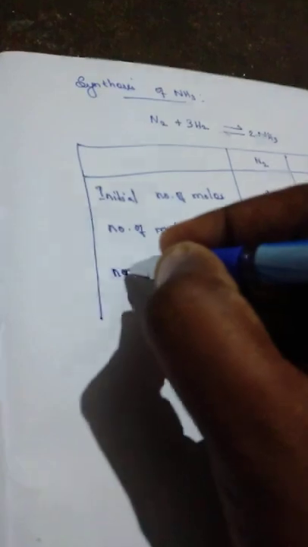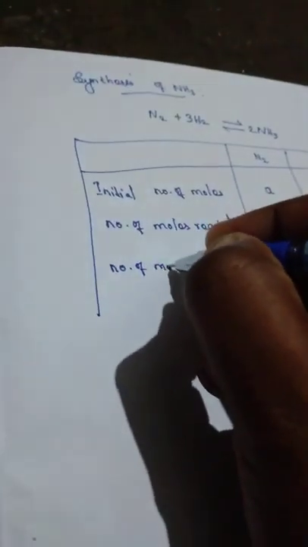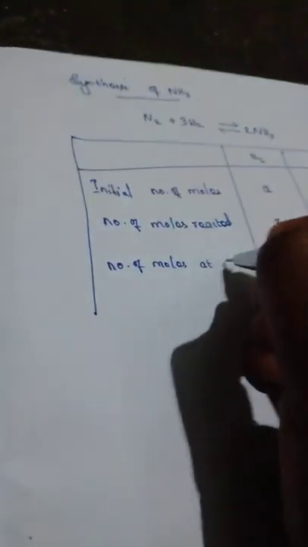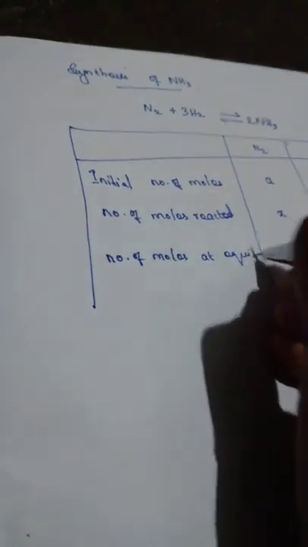Understand? Then the third step, we can consider the number of moles at equilibrium. We write it by subtracting the number of moles.